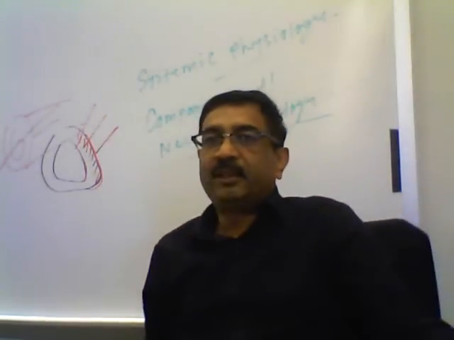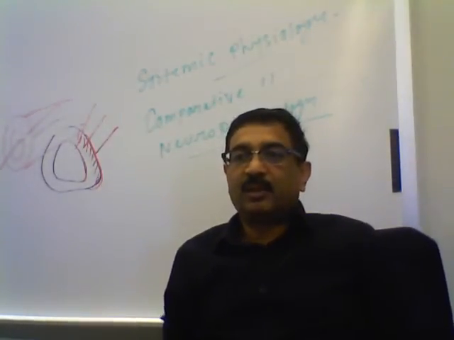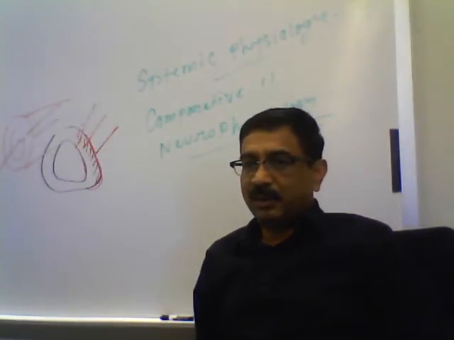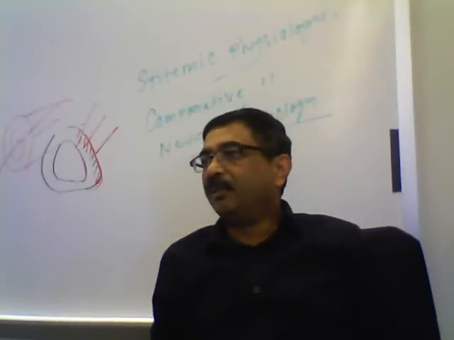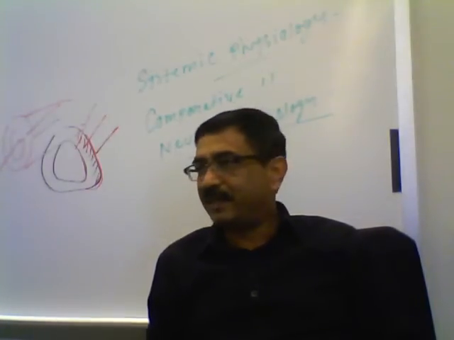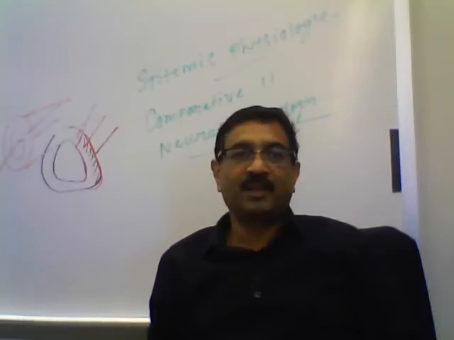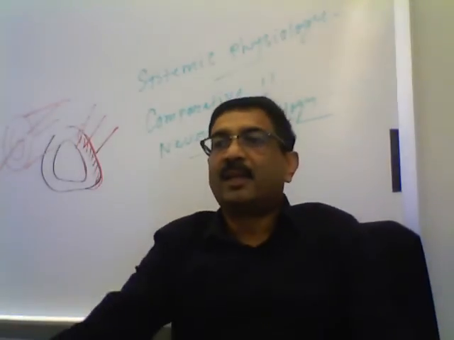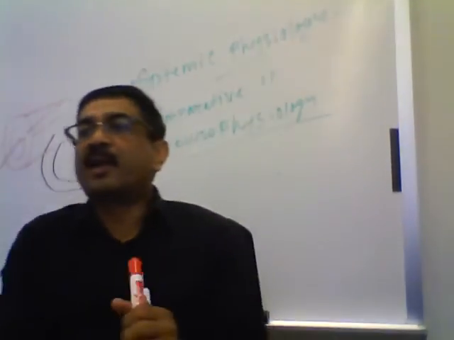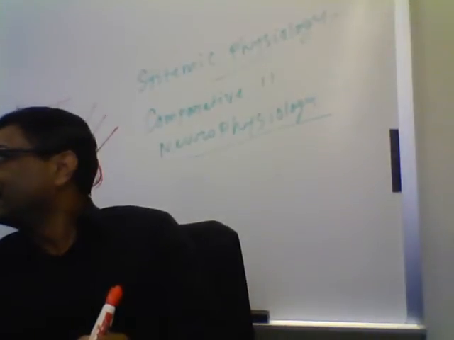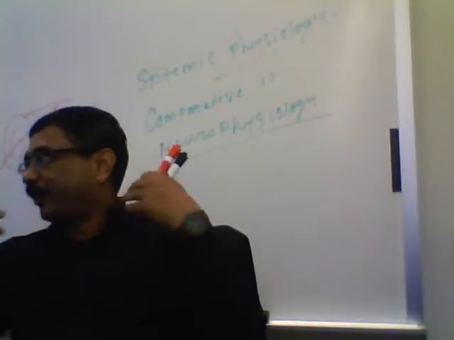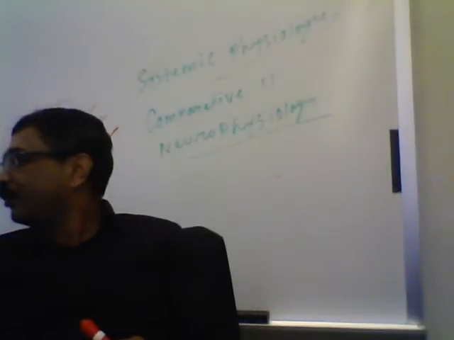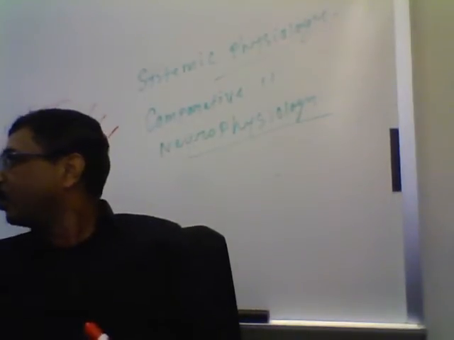Then different organs join together to form a system. For example, cardiovascular system is a system in your body. It has which organs? Cardio means heart, and vascular, blood vessels.